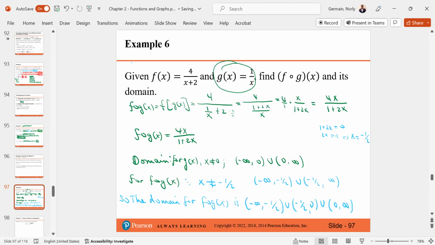So I take each of them separately, then I combine them to make them only one function. So I'm hoping you got that one.